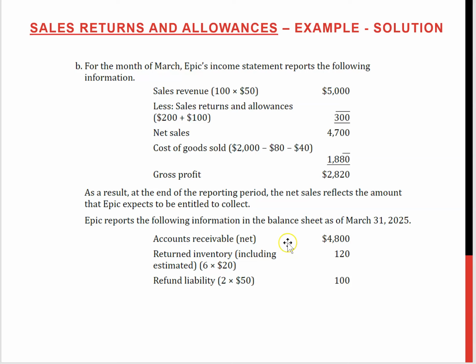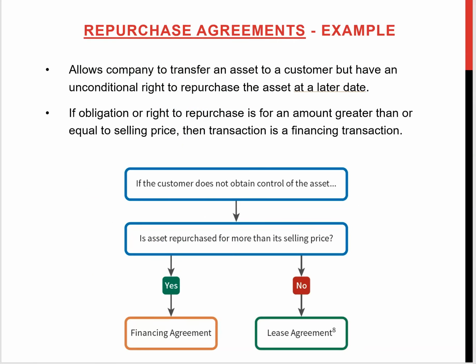So they will record those on their balance sheet asset side, and on the liability side they will show their refund liabilities, and that will be the refund liabilities for those games that they will receive as a sales return.